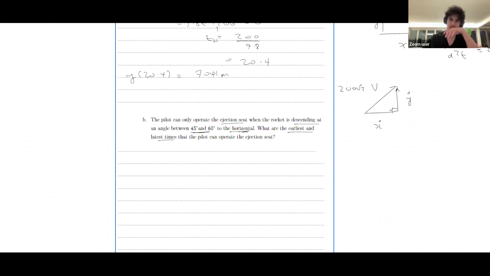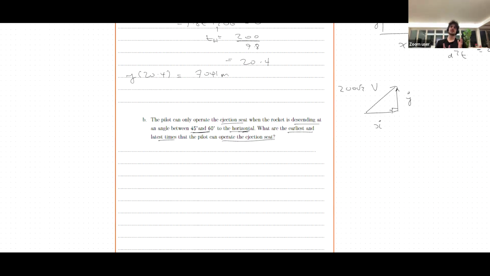So the earliest they can eject will be directly, I want to say, parallel to where it started, or on the other side. Or is that the latest? Try to solve for it mathematically rather than logically.